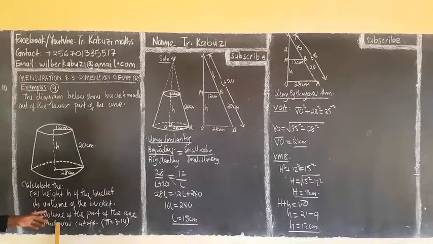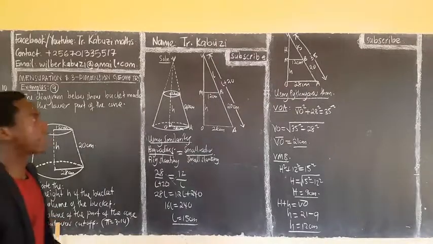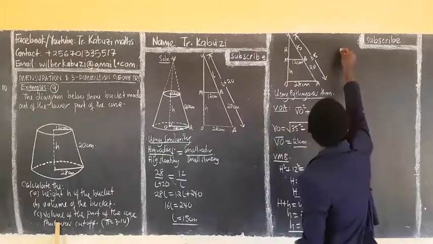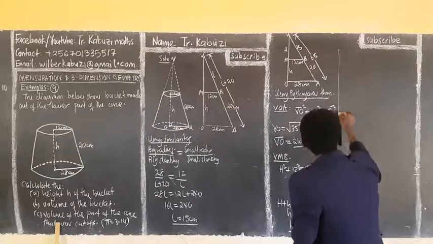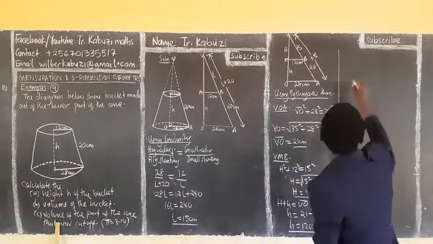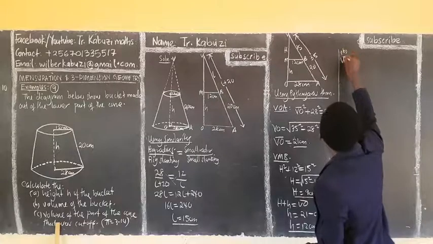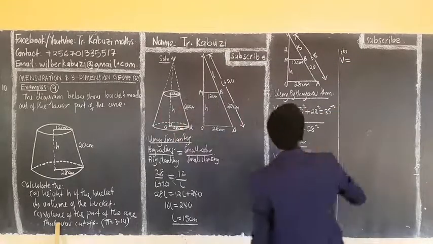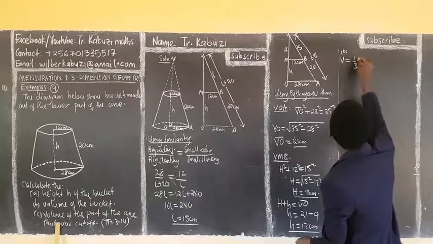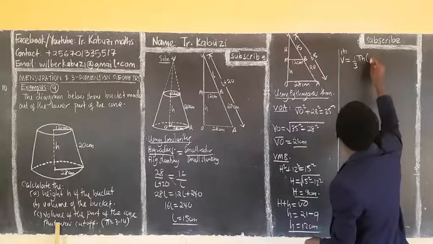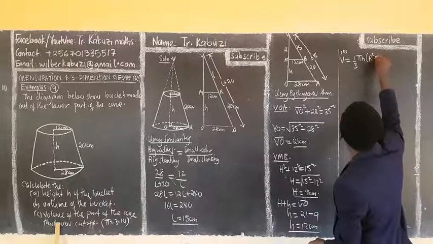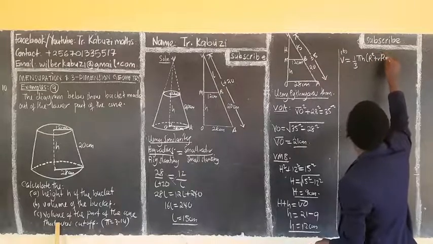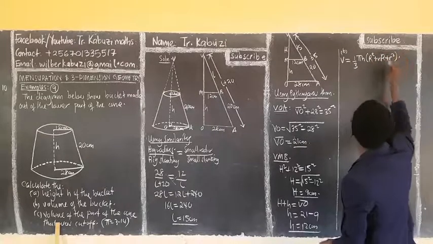Now let us also get the volume of the bucket. So allow me to use this part here, now my part B, the volume. You know that the volume of this bucket is given by a third by the height, the big radius times the small, then plus the small radius squared.